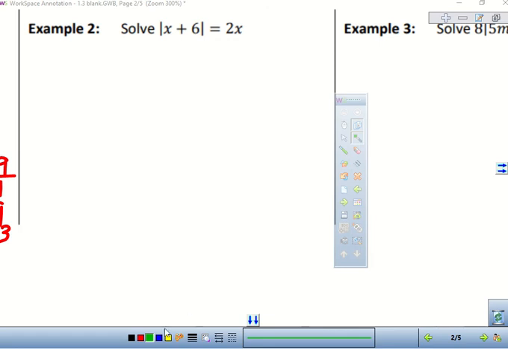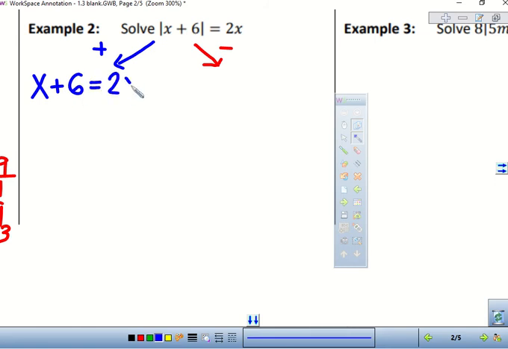So we're ready to move on to the next step, which is writing the positive and the negative version of my equation. So the positive version is simply where we just drop the absolute value bar and we write the equation as is. The negative version is where we multiply the left side by a -1. Don't forget your parentheses because you will have to distribute onto every term.